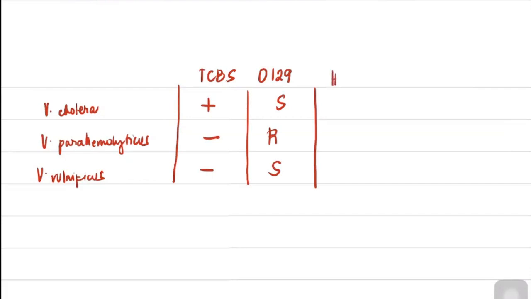Then based on their need for a high salt concentration, your Vibrio cholera is non-halophilic, your parahemolyticus is halophilic, and your vulnificus is also halophilic. Actually, your vulnificus is strictly halophilic.